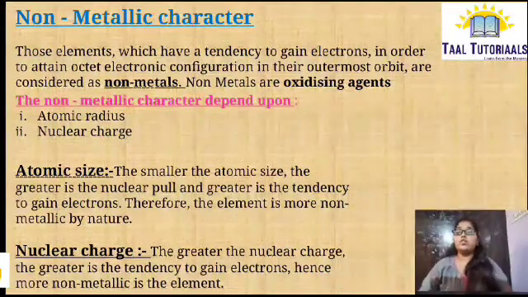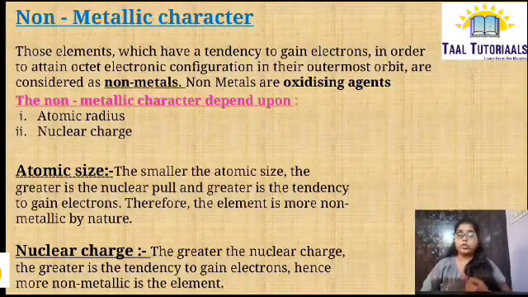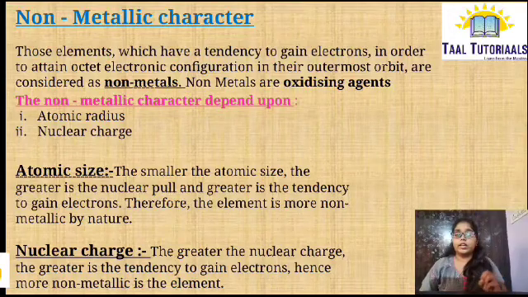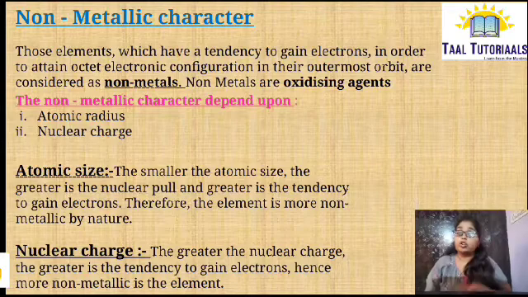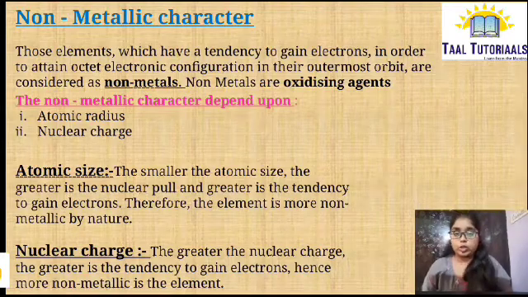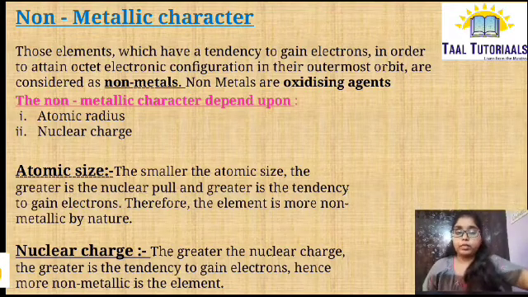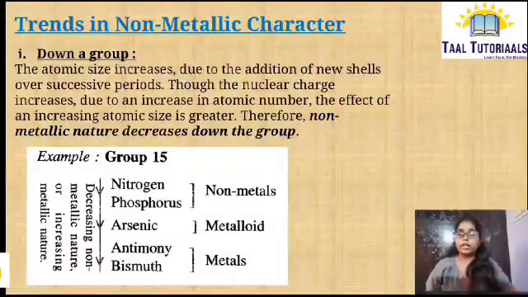And then coming to nuclear charge. The greater the nuclear charge, the greater is the tendency to gain electrons. If the nuclear charge is more, nuclear pull is more, you can gain electrons more, and hence more non-metallic is the element.